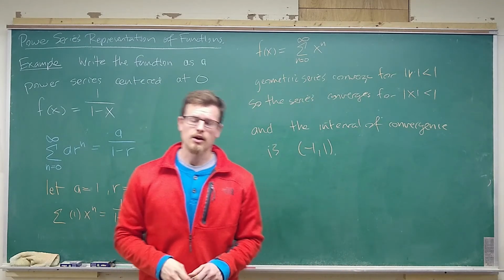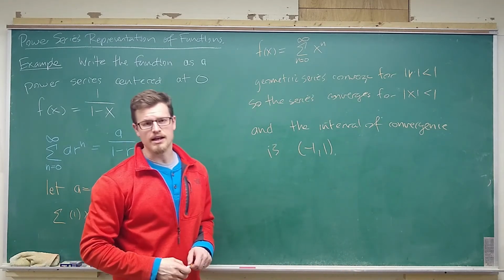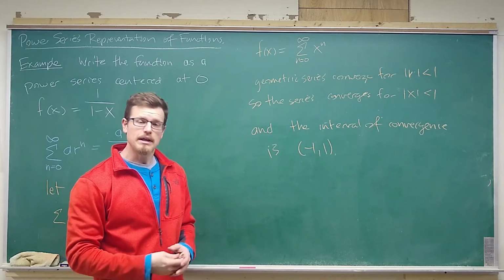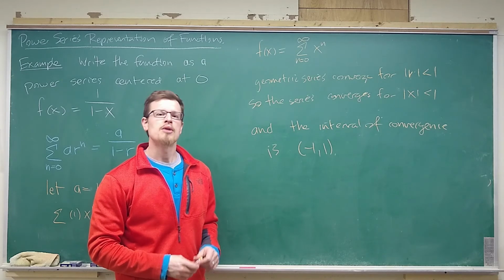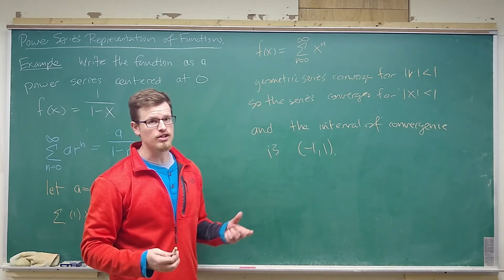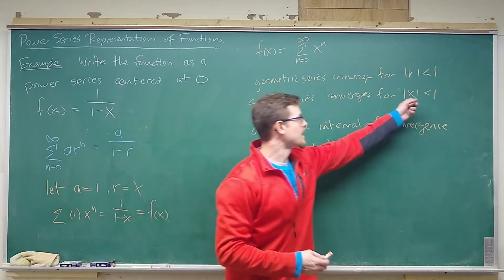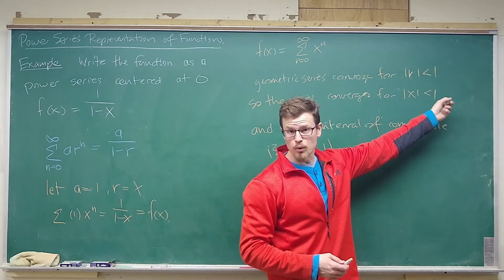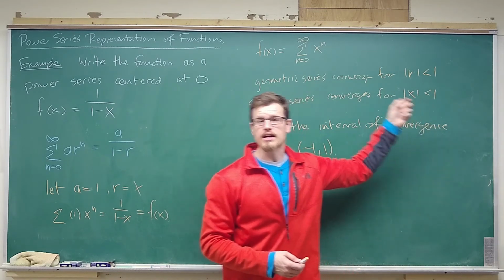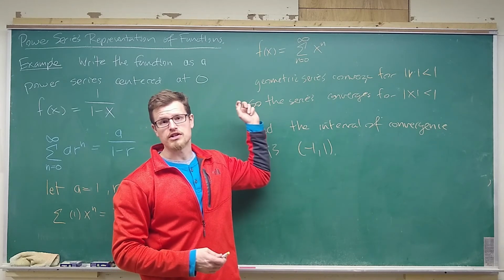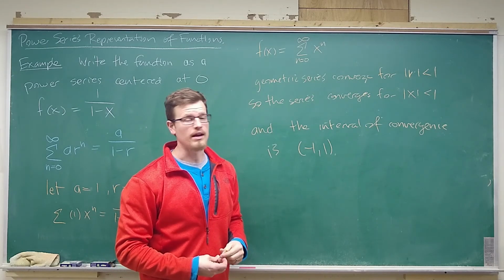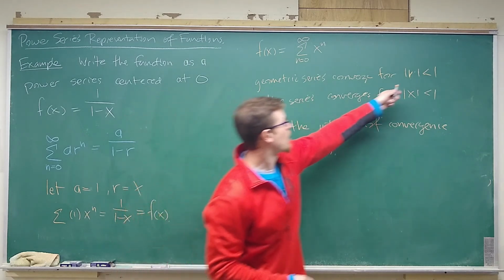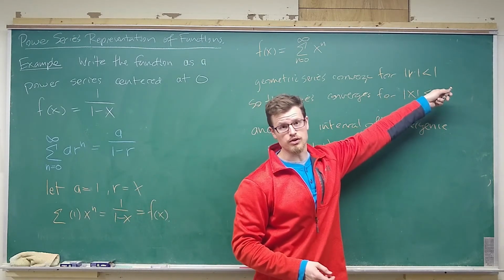Now, you might be saying, well, Dr. Reynhout, don't you need to test the endpoints? Well, yeah, when you're using the ratio test, you do need to test the endpoints because the ratio test is inconclusive when the absolute value is equal to 1. But in this case, we're talking about a geometric series, and we know that a geometric series diverges when the absolute value of r is equal to 1.